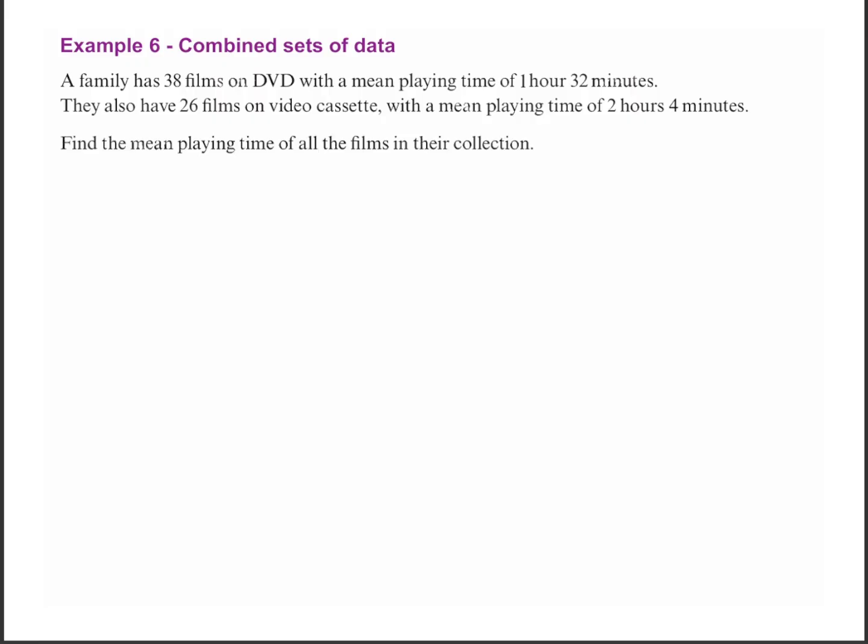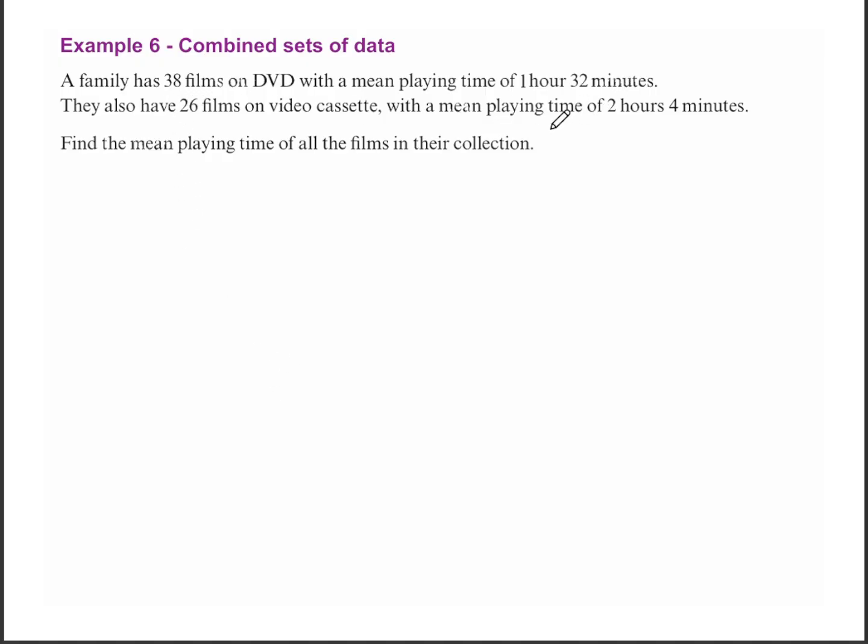Next up, a family has 38 films on a DVD with a mean playing time of 1 hour and 32 minutes. They also have 26 films on a video cassette with a mean playing time of 2 hours and 4 minutes. Find the mean playing time of all the films in their collection. Again, similar to the previous example, these 38 films have a mean playing time of 1 hour and 32 minutes.